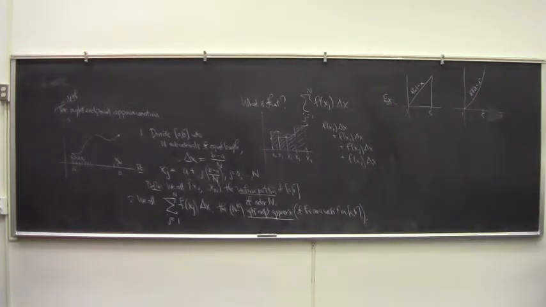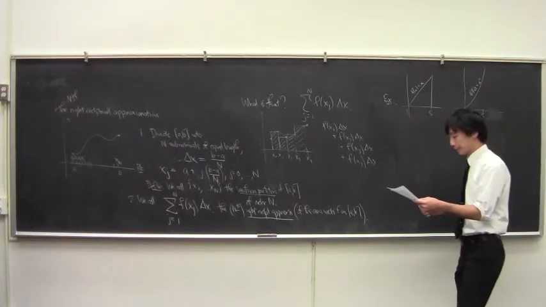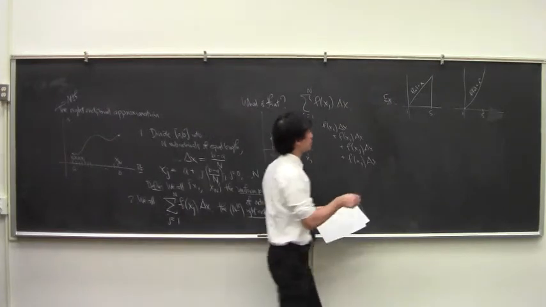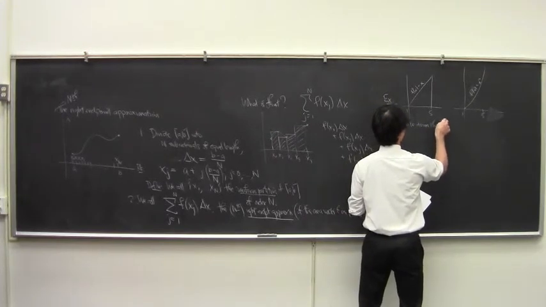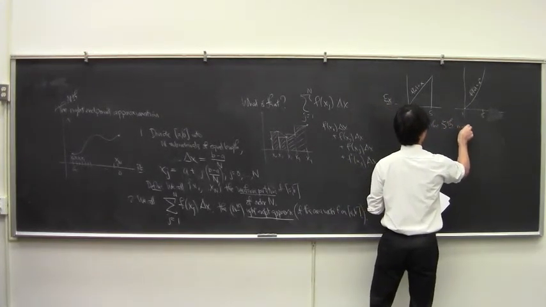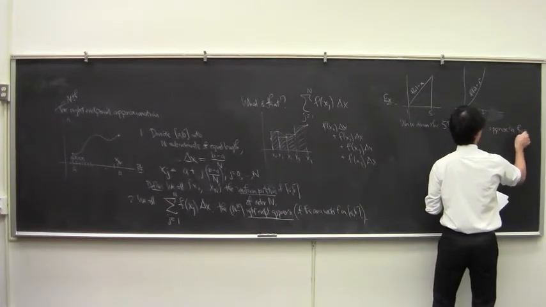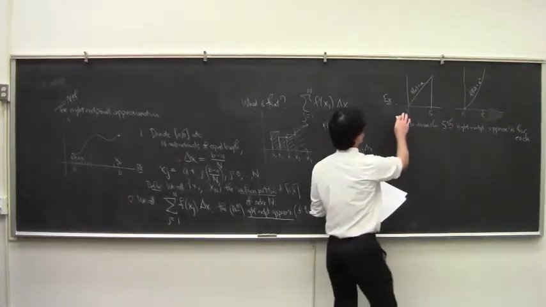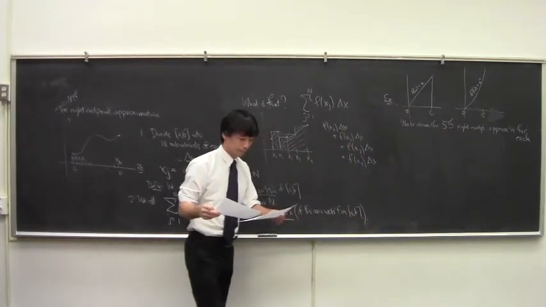So I'd like you to write down the fifth right endpoint approximation for each of these. I'm sorry, they both should be from 0 to 5.